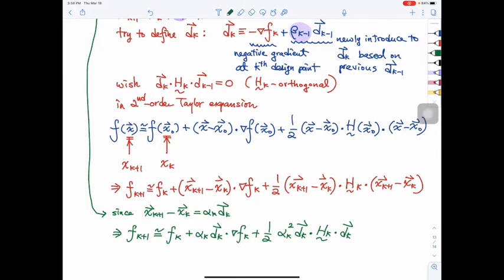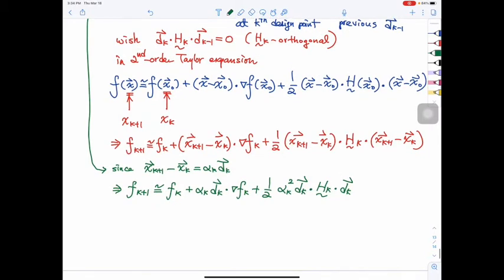And like always, when we have a second order Taylor expansion, we always want the first order derivative equals to 0. But this time, we don't derive in this way. We actually do a partial derivative with respect to alpha_k, because alpha_k is something we don't know.